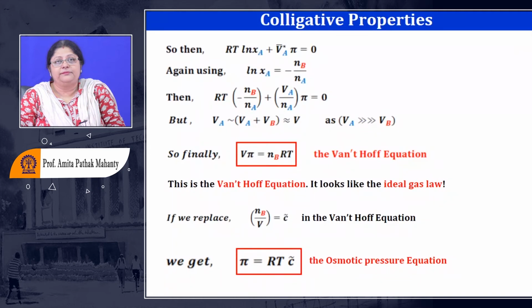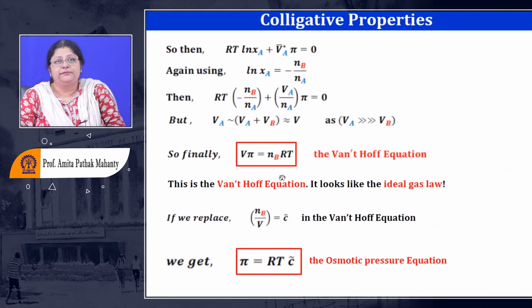And this is the Van 't Hoff equation, which relates the osmotic pressure pi with the mole fraction of the solute. This is a very important equation. Van 't Hoff equation we also do in chemical equilibrium. So the Van 't Hoff equation is similar to PV equal to nRT, if you compare that.